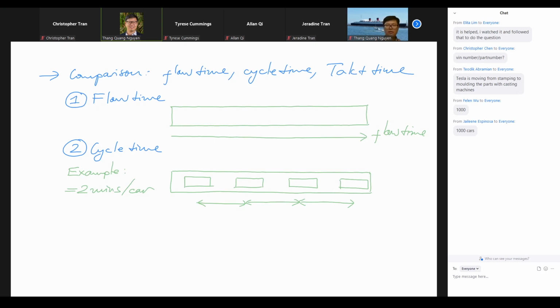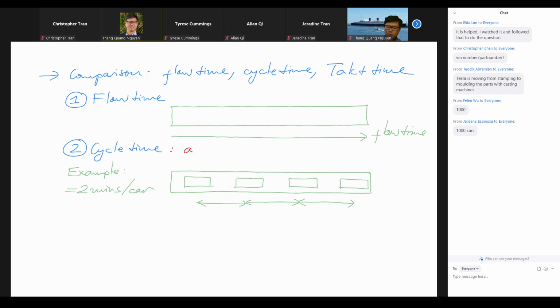Every 2 minutes that go by, another car will exit the process. Another car will come in, another car will exit. Another 2 more minutes, another car comes in, another car exits the process. We said that, right? So that's the rhythm of the production process.